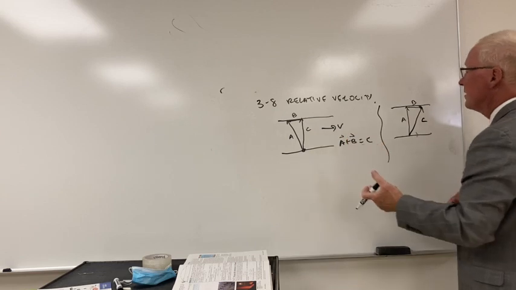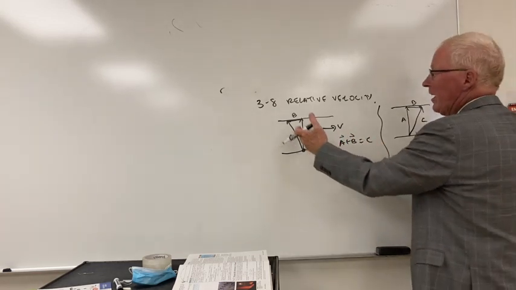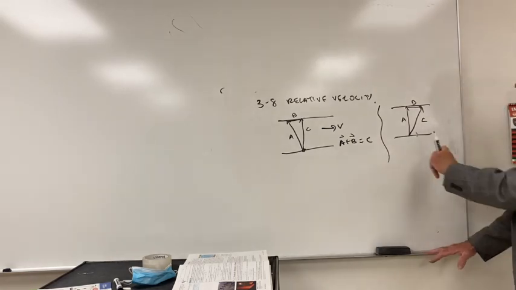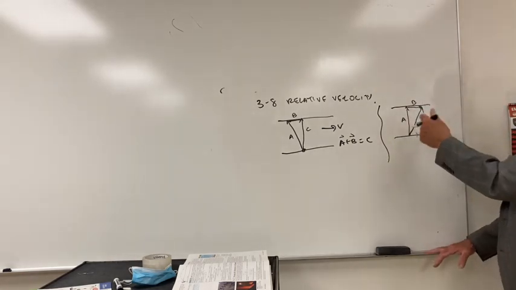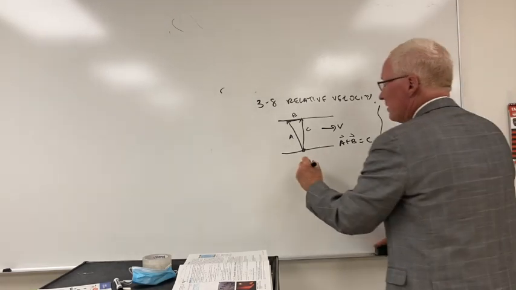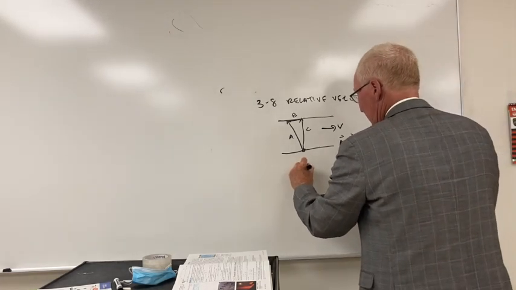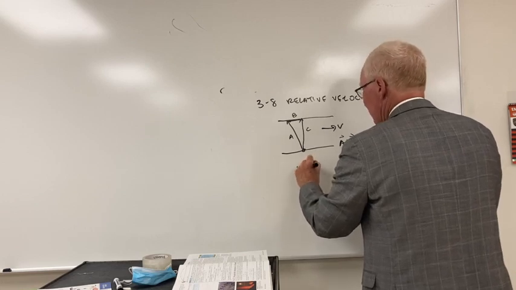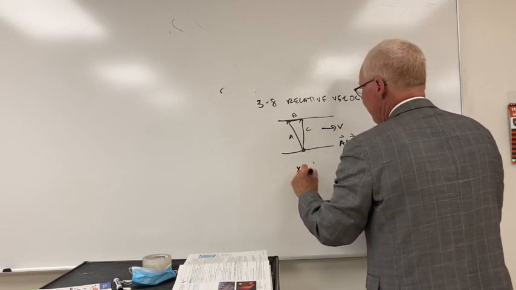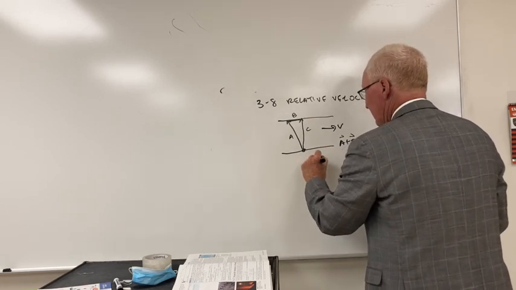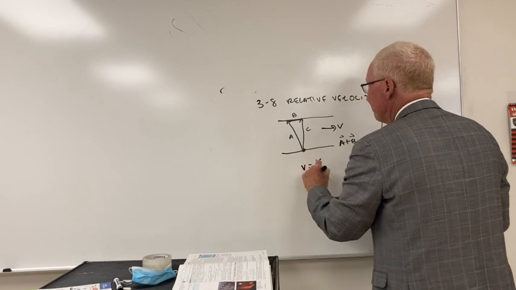So in both cases, A plus B, but here you get pushed so you end up going straight across. Here, if you aim straight across, you get drifted. And again, keep in mind velocity is distance over time.